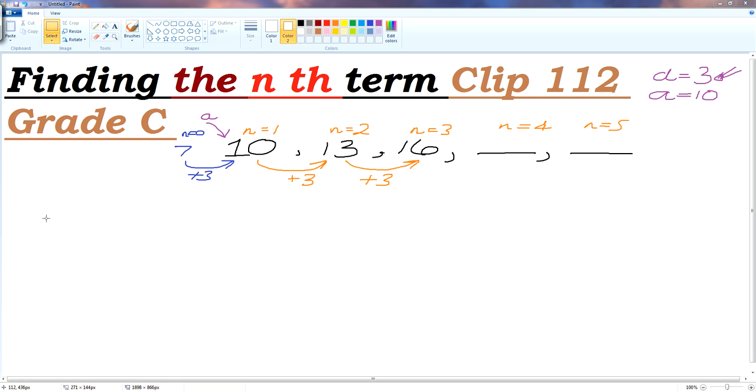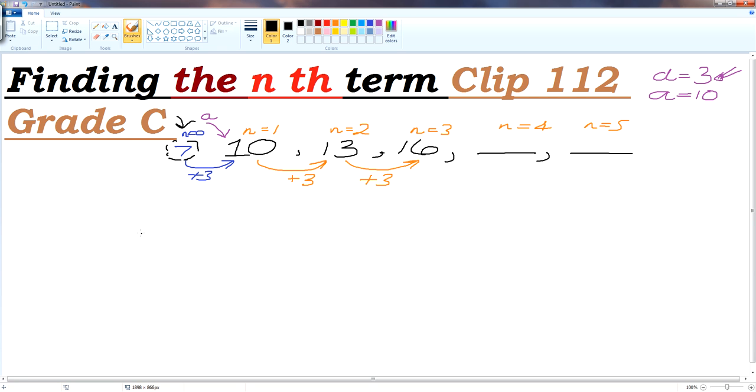So when we look at this number pattern, if we consider the 0th term, I say 0th term, it is the term before the first term, that gives us 7.